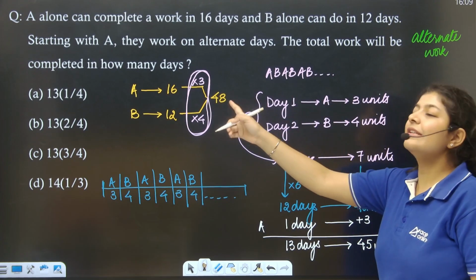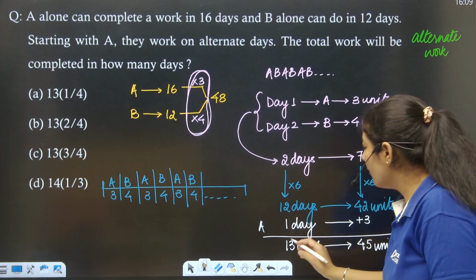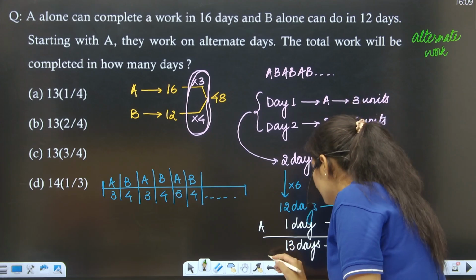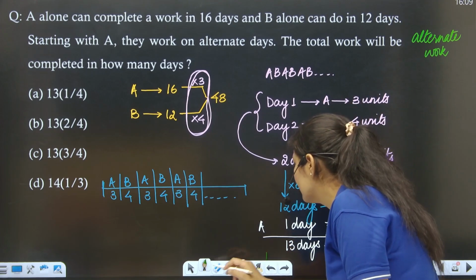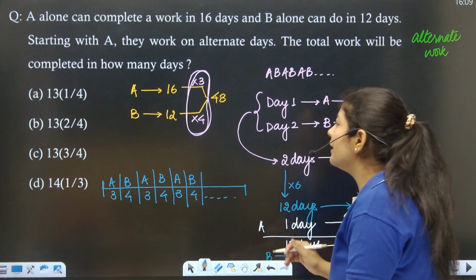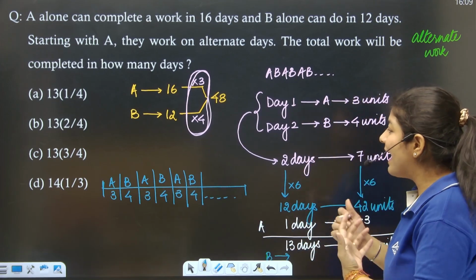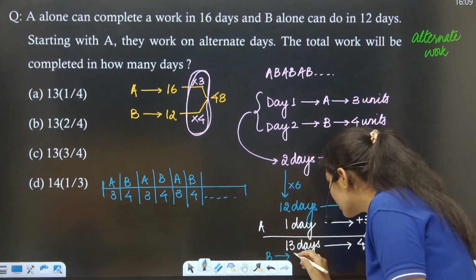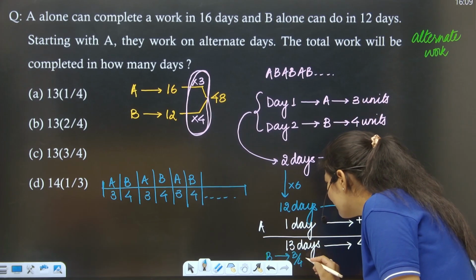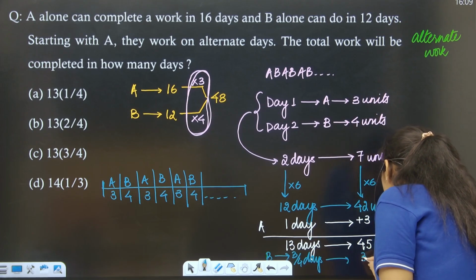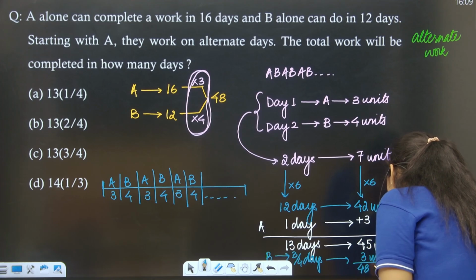Now still we need 3 units of work, so now B is coming. Instead of investing the whole day, as we only want 3 units of work and he is able to do 4, he is only taking 3 by 4th of a day to complete the remaining 3 units of work.